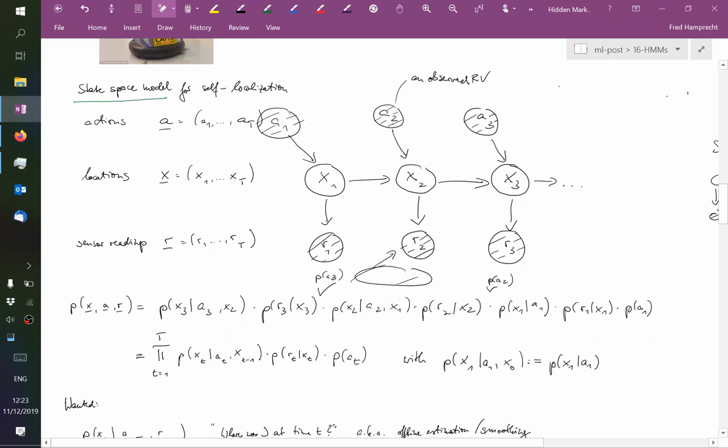And in SLAM, this map is an unobserved random variable. It's unobserved, but it affects all of those sensor readings. And if you now look at the graph, it is no longer a tree, but it now has loops.